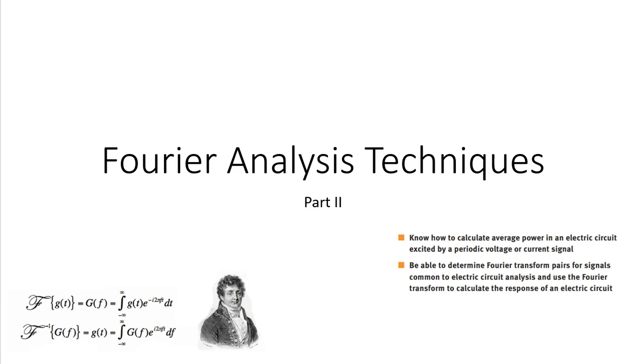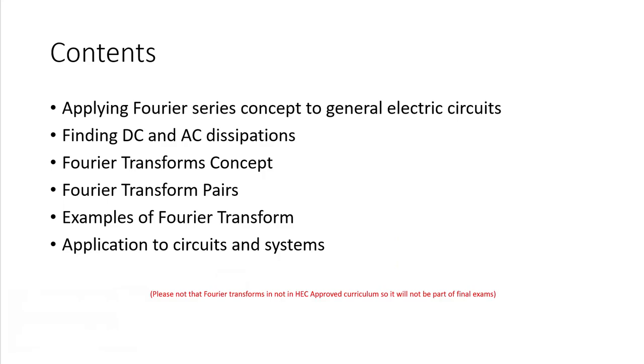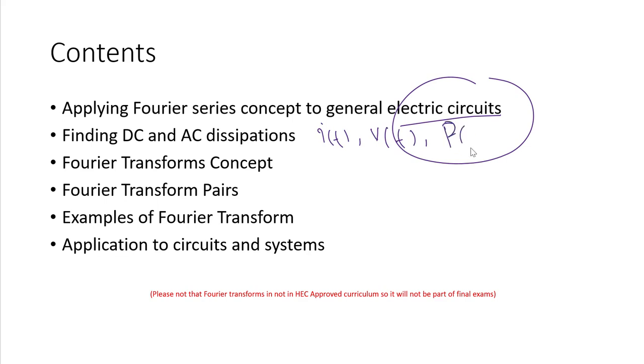Coming to the contents of this lecture, we will first apply our previous knowledge on the Fourier series to electric circuits, and after that we will find the DC and AC dissipations. It will be in terms of either voltages or currents or power, so it will majorly involve I of t, V of t, and P of t.